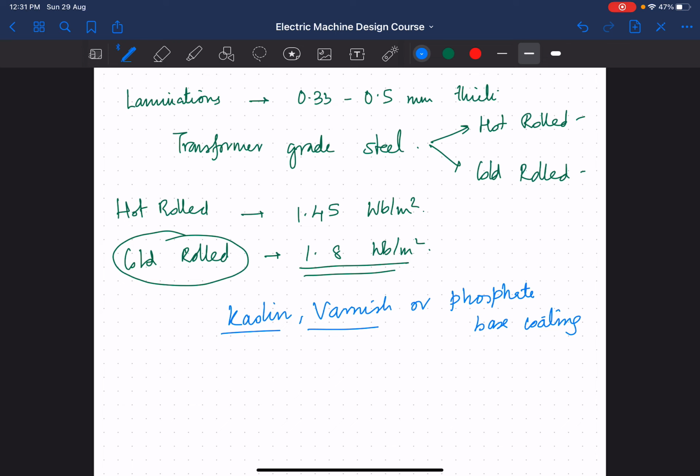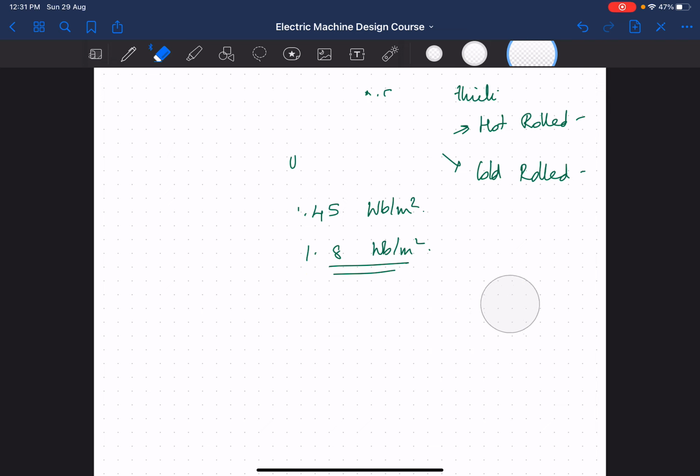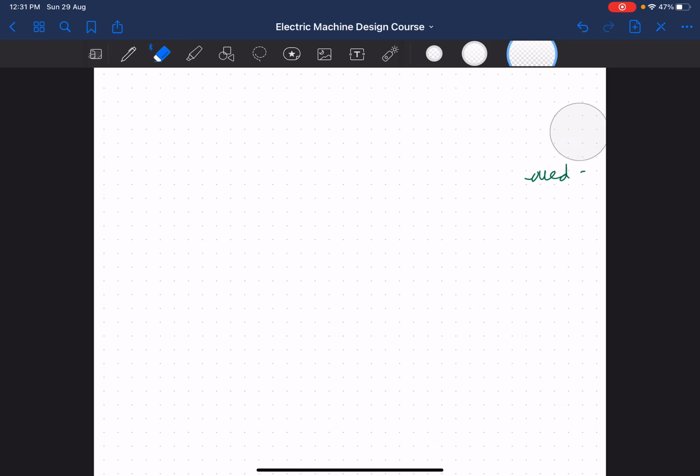Now we talk about the core cross section.